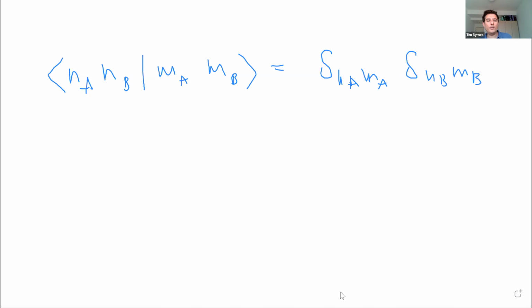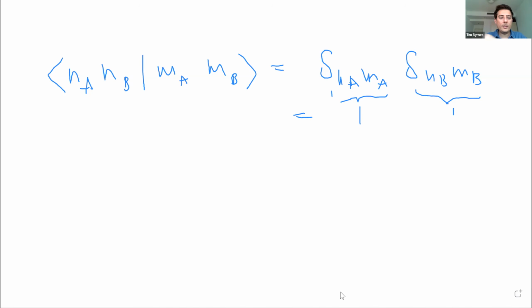Basically, in the example I had before, only the term 0, 1 for both NA and B and MA and B gave 1, because the only time that you have this product of these two Kronecker deltas being 1 is when both of them are equal to 1.